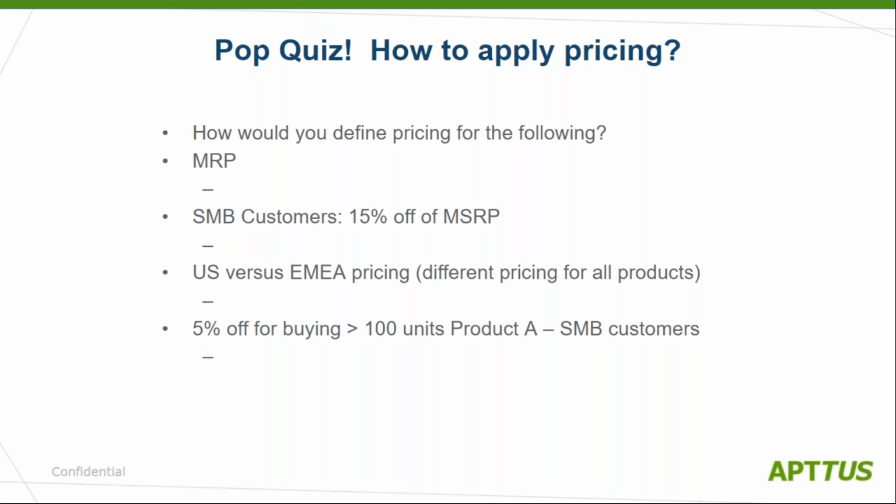And then we have US versus EMEA pricing. This will be discrete pricing dimensions, right? Sorry, the last one is dimension, but this one is US versus EMEA pricing. This will be your price matrix, rule set, or the last one?